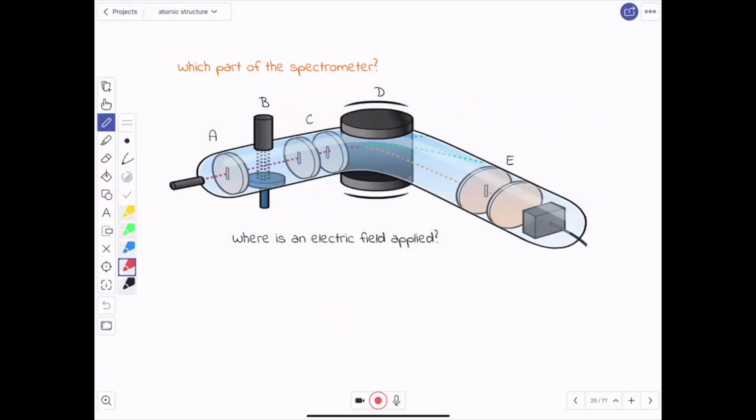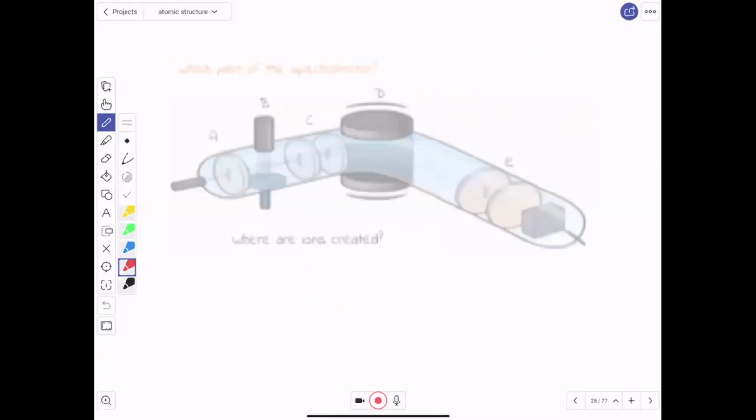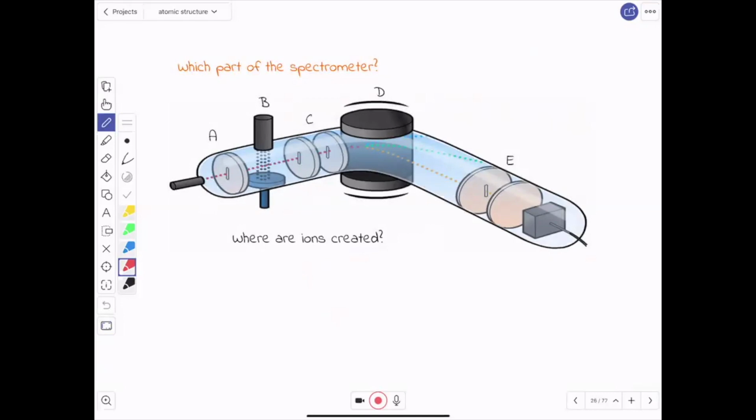C. C is the plates where the electric field is applied. Where do you create the ions? Where are ions made? B. B is the electron gun. Yeah, that's where we create the ions.